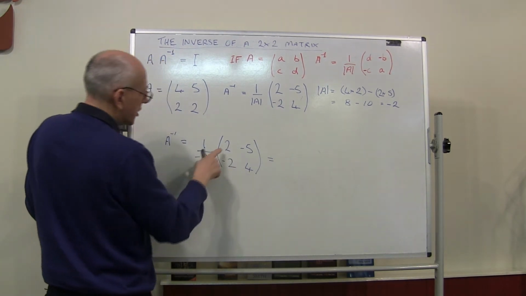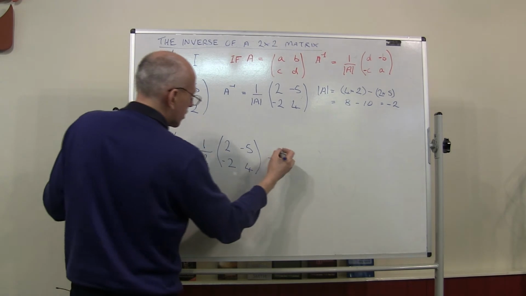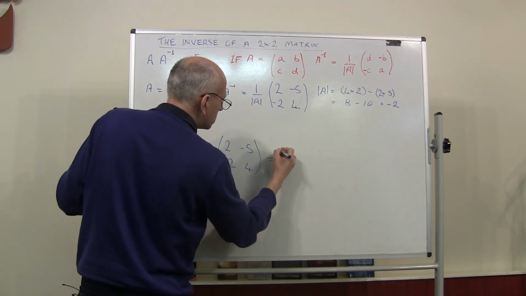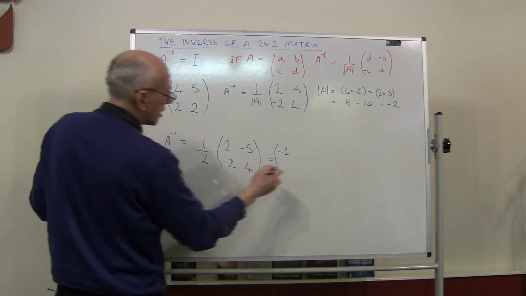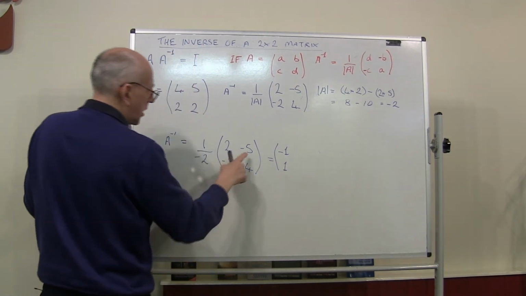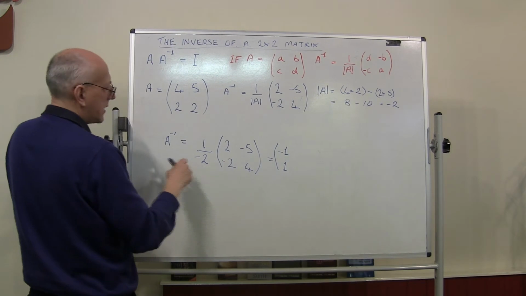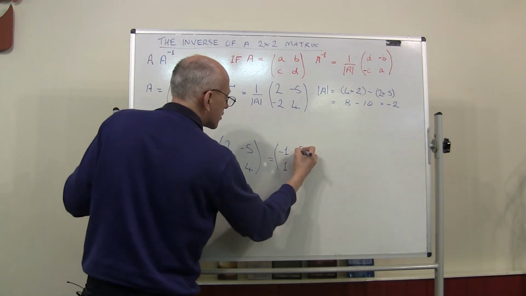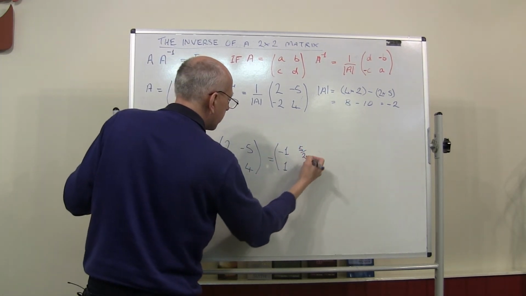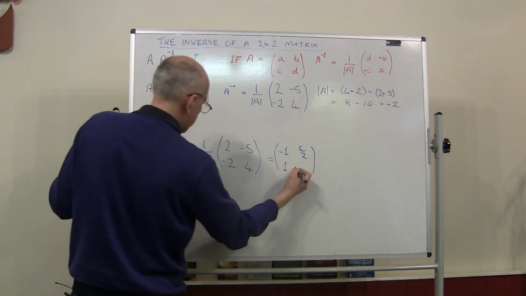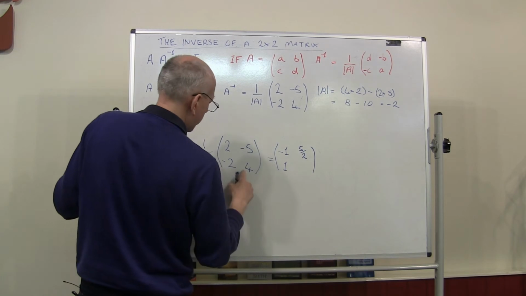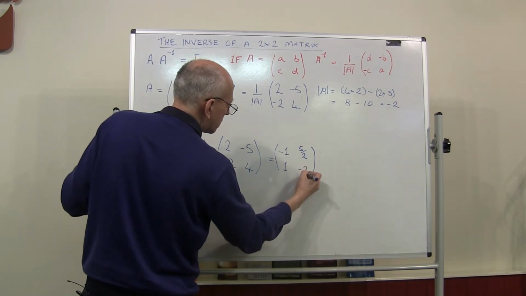So this would be 2 divided by minus 2, so it's going to be minus 1. 2 divided by minus 2 is going to be plus 1. Minus 5 divided by minus 2 is going to be 5 halves, 2.5 if you wish. And they're positive and this one's going to be minus. So 4 divided by 2 is minus 2.